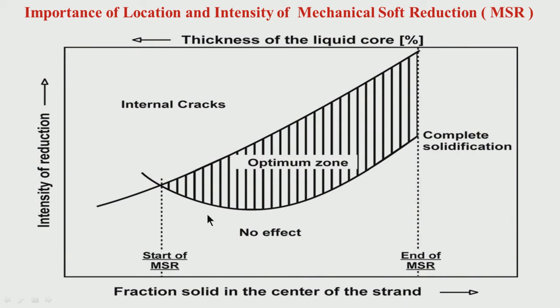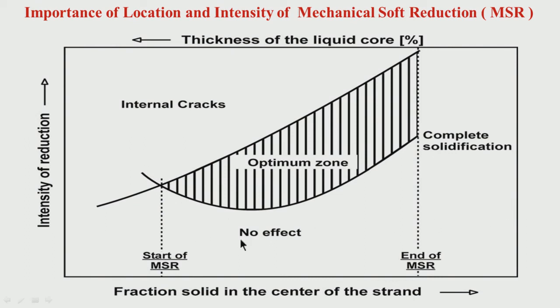What is interesting is that this intensity of reduction you are slowly increasing as you reach the solidification completion front. Intensity is initially less, and slowly you are increasing it. So this is very important, that optimum intensity is important, and the optimum location where you put mechanical soft reduction is also important.